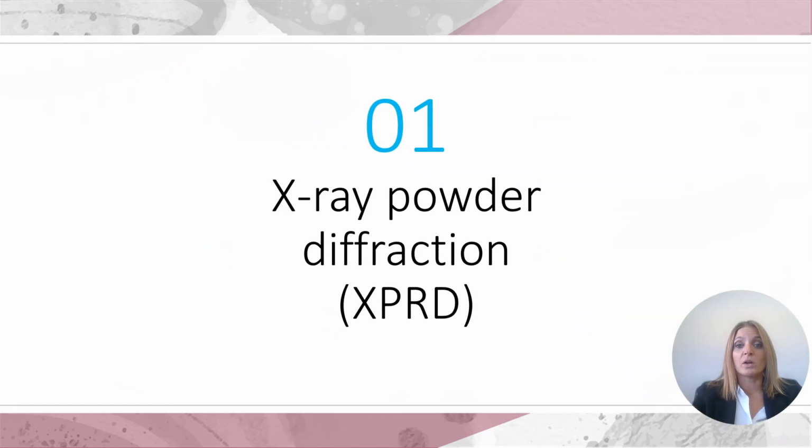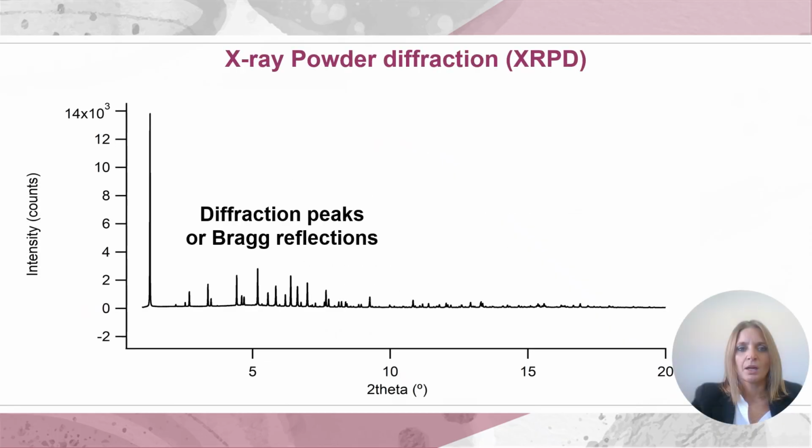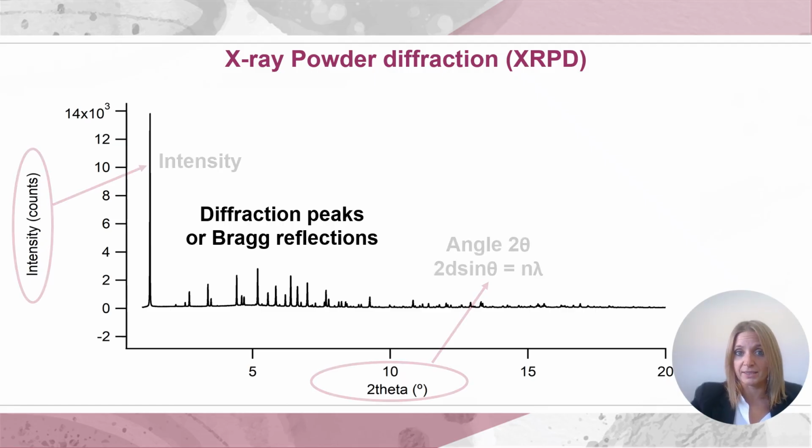Let's start to see what a diffractogram is, which is basically the output we obtain from an X-ray powder diffraction experiment. X-ray powder diffraction measures how a monocrystalline or a polycrystalline powder sample diffracts X-rays as we scan the angle 2 theta. So the positions of the diffraction peaks follow Bragg's law, 2d sin theta equals n lambda, where lambda is the wavelength.